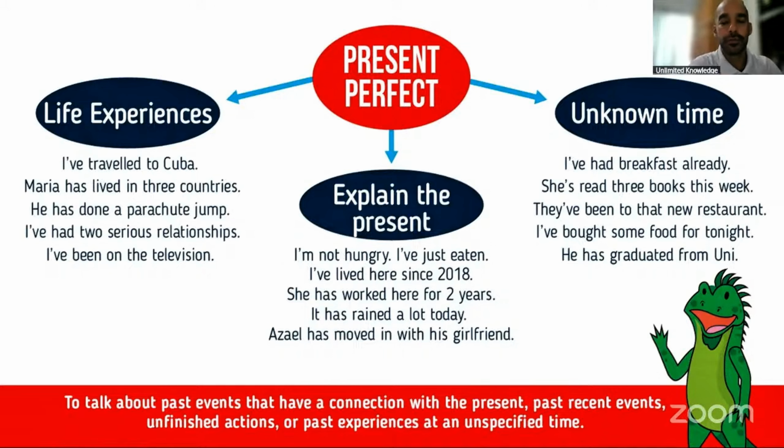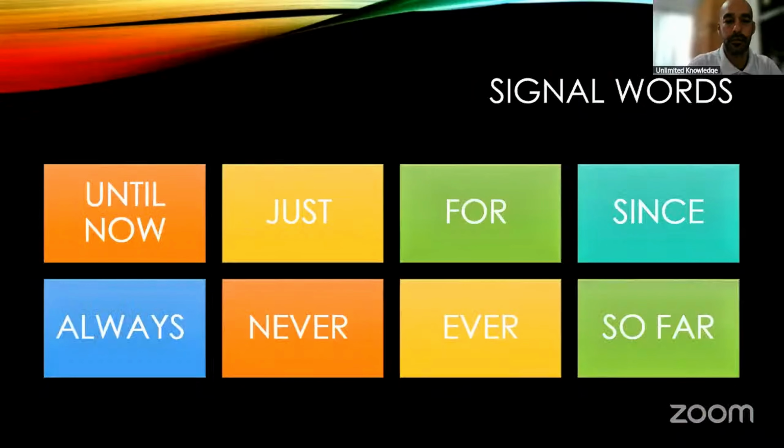We're going to use some different signal words. So things like already, until now, or maybe tonight. So no exact times when using the present perfect. So signal words that we're going to use with present perfect, we're not really going to use on Monday or at 5 o'clock or anything like that.